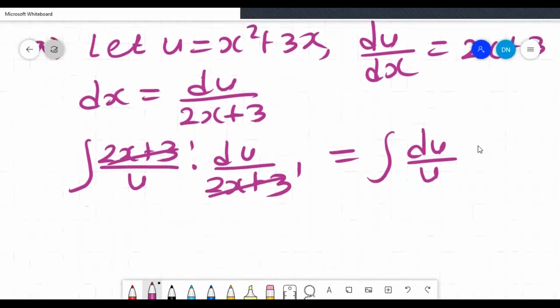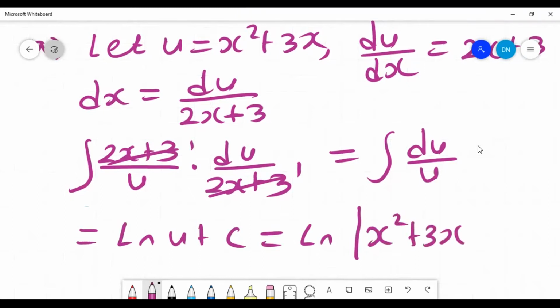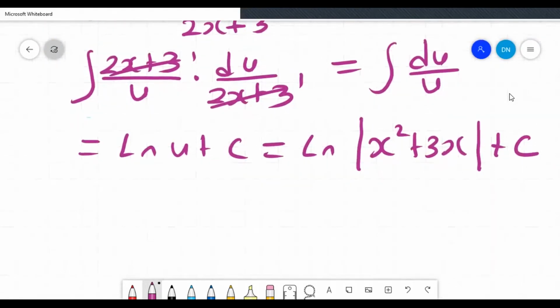That gives me ln of u plus c. And therefore, what was my u? It was x squared plus 3x, and then plus a constant. Remember, we always put a constant of integration whenever we are dealing with indefinite integrals.